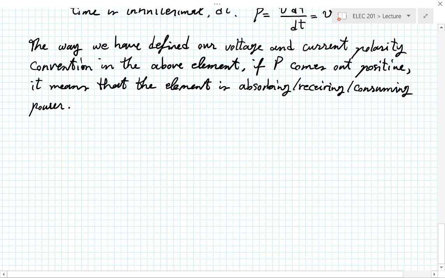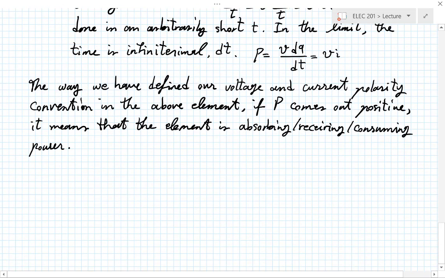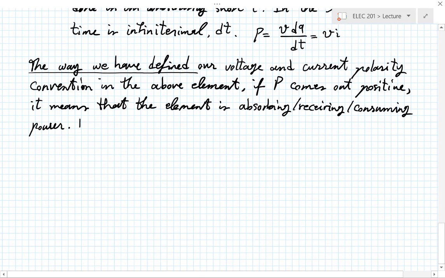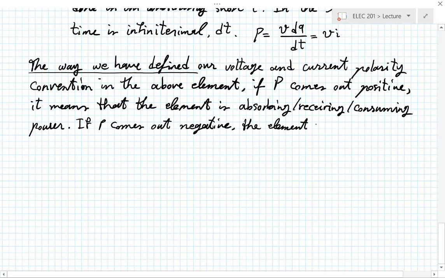If P comes out negative, in this convention, the way we have defined this convention, the directions, the element is delivering power.